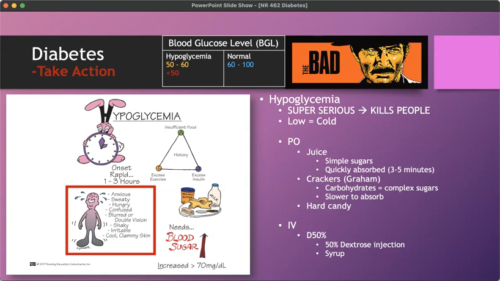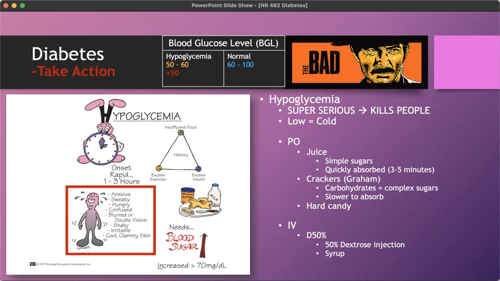Those juices are simple sugars that can be quickly absorbed and correct a patient from hypoglycemia that could turn into a dangerous problem. The risk with just giving juice is that it wears off very quickly. Those simple sugars are used right away, and then there's no more left. So we always want to follow up those juices with some more complex carbohydrates.